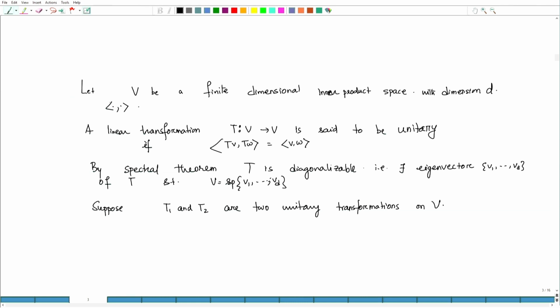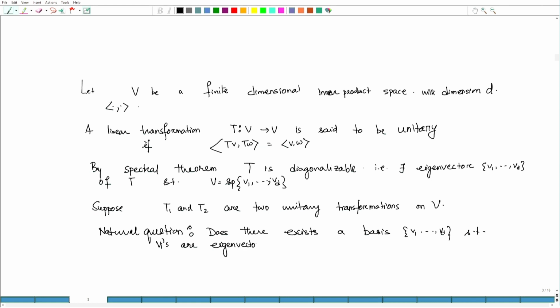Now, the natural question is, does there exist a basis V1 to Vd such that the Vi's are eigenvectors for both T1 and T2?